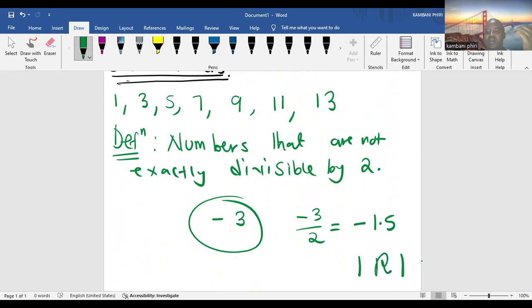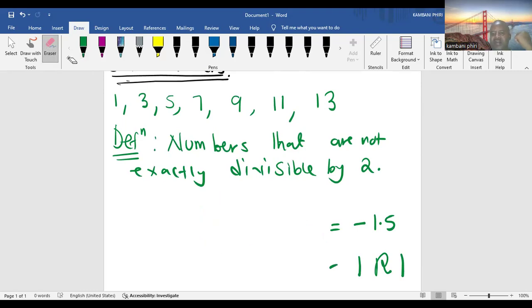So this one is also an odd number. So when you talk about odd numbers, when you divide by 2, we'll get a remainder or a decimal number in short. For even numbers, when we divide by 2, we'll not get a remainder, we'll get an exact value, a whole number.